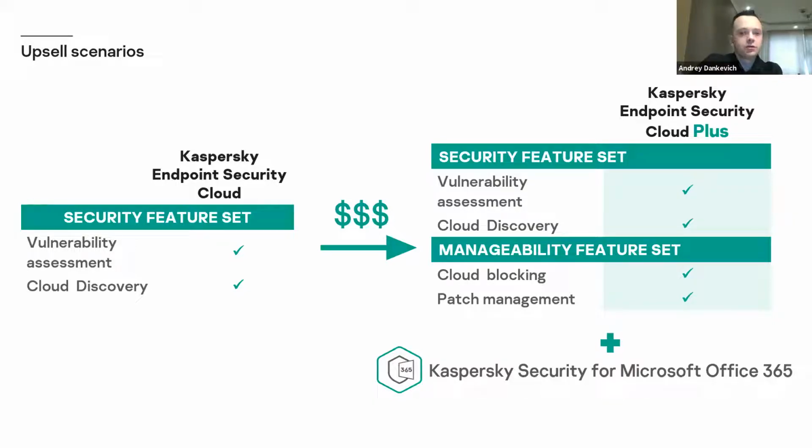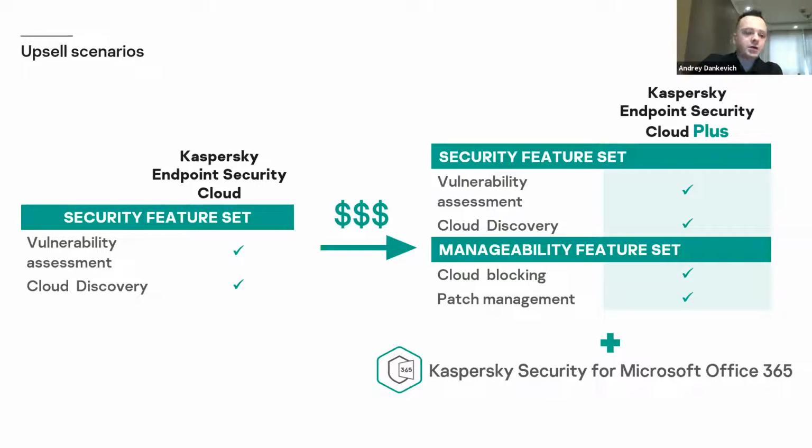So just to look for patches or to look for cloud service usage, the Kaspersky Endpoint Security Cloud basic tier is fine. But if you want to save your time, automate processes, and have easier management, you have to purchase KS Cloud Plus, so it brings more opportunities for partners to make more money.